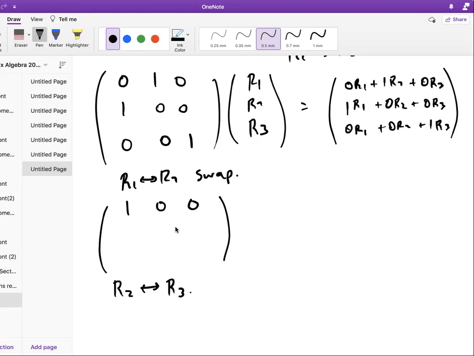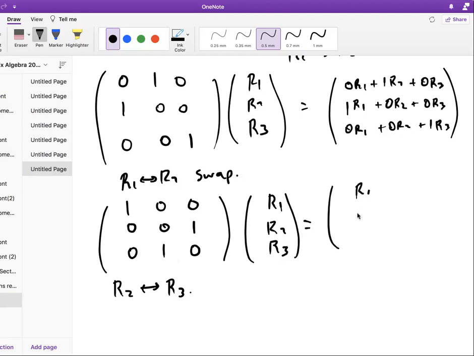Since it doesn't change. Now, what's the row? Yeah, the row 2 swap, I want to put a row 3 in the second position. And then in the last row, I want to put a row 2 in that position. So that gives row 1, row 3, and row 2.